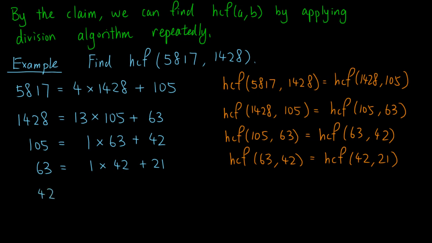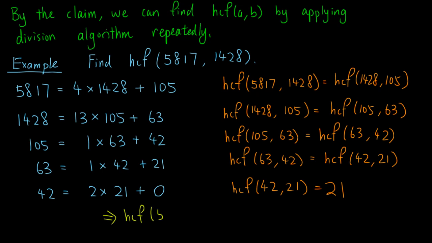Finally, we can write 42 equals 2 times 21 plus 0. This means that 21 divides 42, and the HCF of 42 and 21 equals 21. Since all the HCFs are equal, we know that the HCF of 5817 and 1428 equals 21.